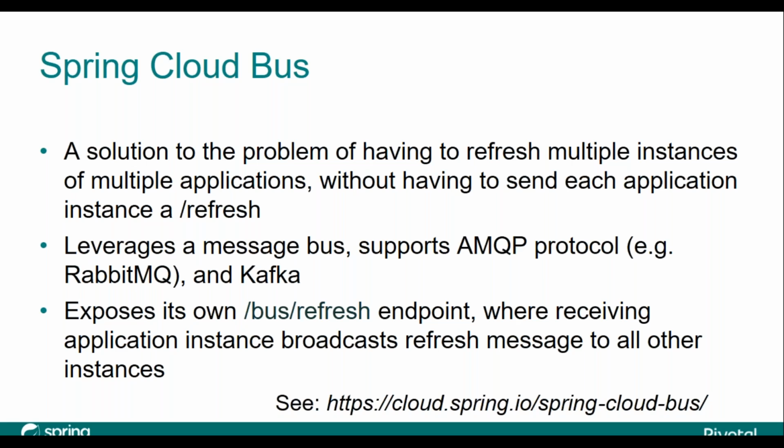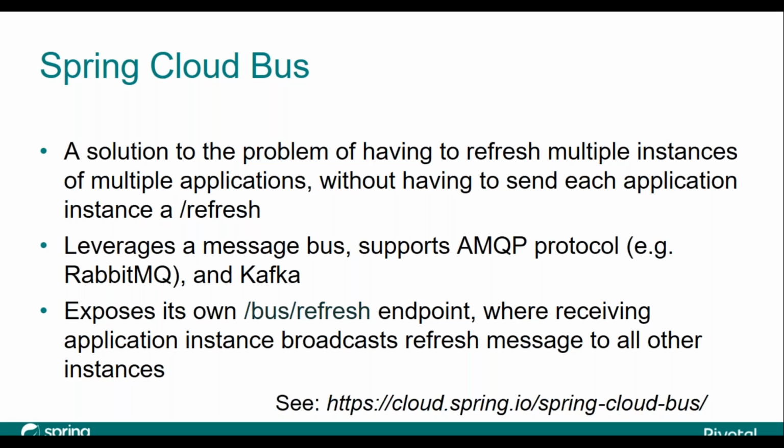This Spring Cloud Bus makes use of a messaging bus. It supports the Advanced Message Queuing Protocol. For example, it supports RabbitMQ as well as Kafka, and even ActiveMQ it tries to support. And this Spring Cloud Bus exposes its own endpoint called bus/refresh.